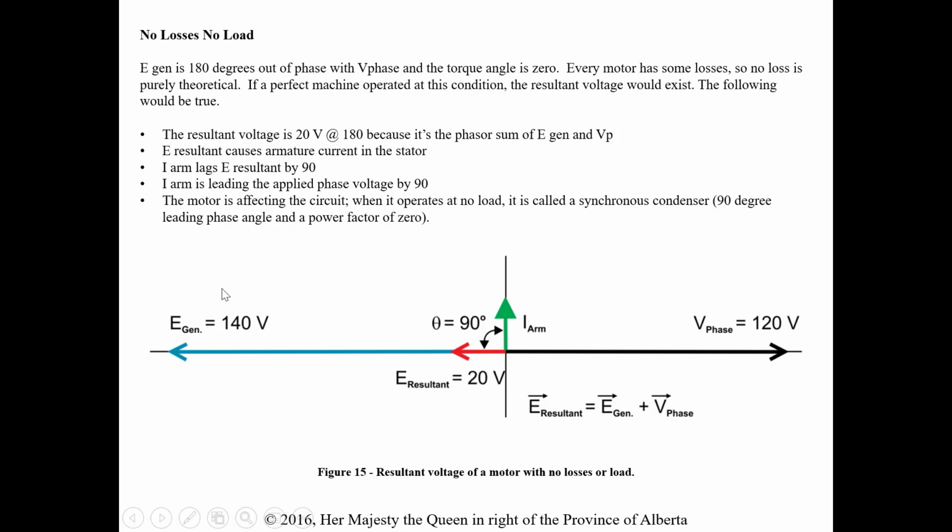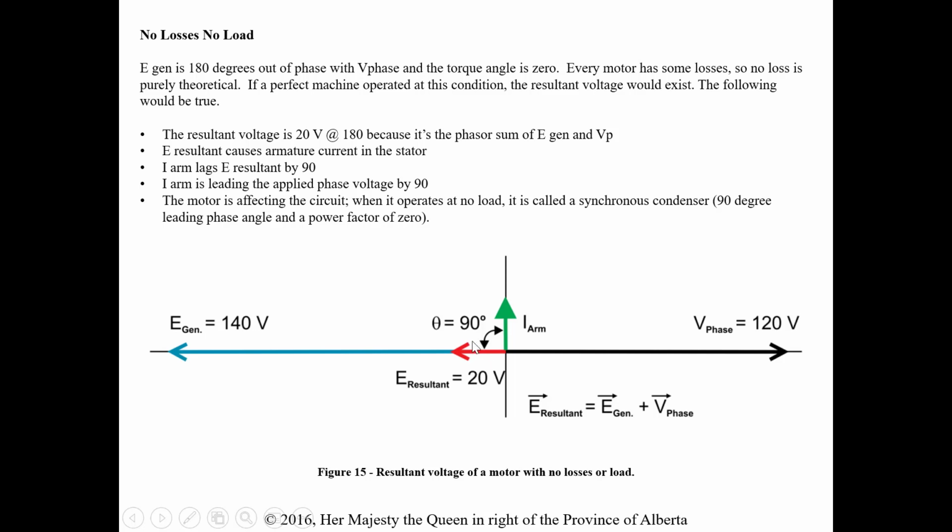So Egen at 140 volts at 180 degrees and V phase at 120 volts at 0 are exactly 180 degrees apart. So when we add those vectorially, we actually end up with the difference of the two because they're 180 degrees apart. Because this is 20 volts more, that's where the resultant goes. Okay, but if we add them again in our calculator, we would see it's 20 volts at 180 degrees.